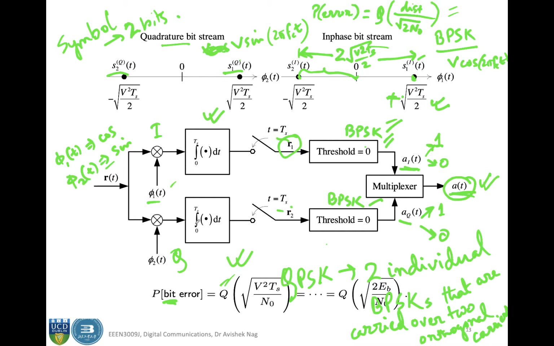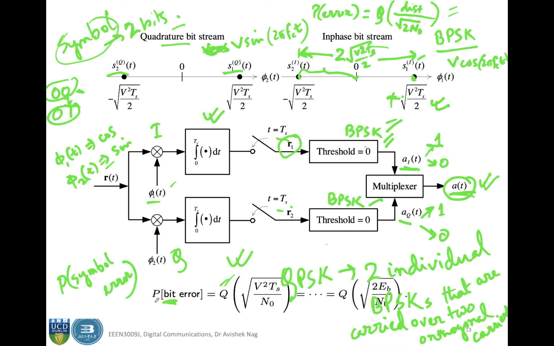Okay, and you can also define probability of symbol error, where the entire symbol is in error. Which means, let's say you are sending 00, this is the symbol in case of QPSK, and you are receiving 01. So here one bit is in error in this signal, but the entire symbol is in error. So symbol error and bit error are different when you have multi-level signaling.